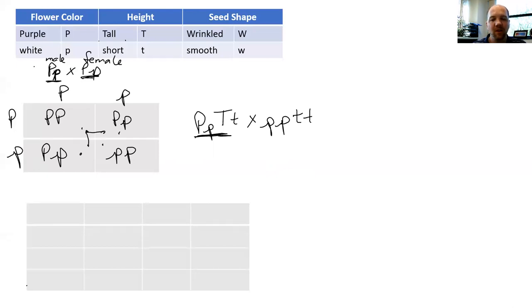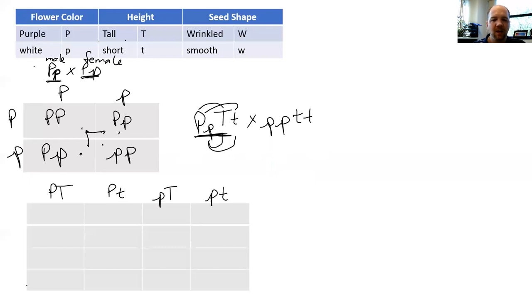So the father here can form a sperm cell that could have a big P and a big T. He could form a sperm cell that has a big P and a small t. He could form a sperm that has a small p and a big T, and also a small p and a small t. So those are the different possible gametes that he can produce.